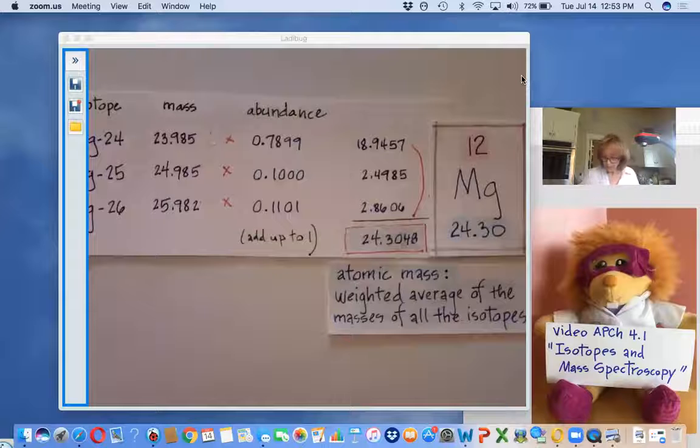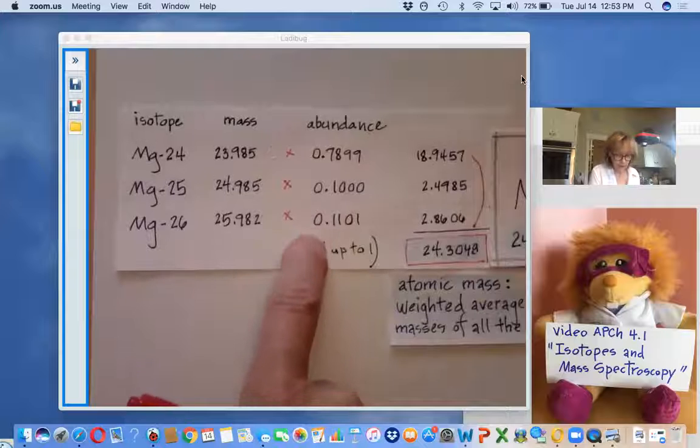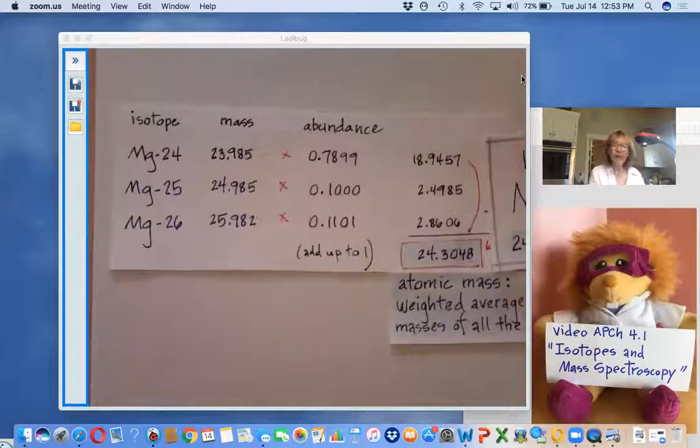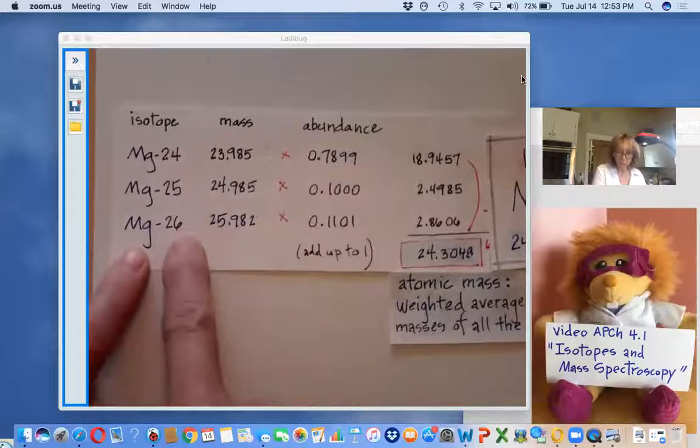Okay, now the last thing is to talk about how these abundance numbers get figured. And by the way, no matter where the magnesium comes from, no matter where the sample is found, the abundances of the three isotopes are fixed.